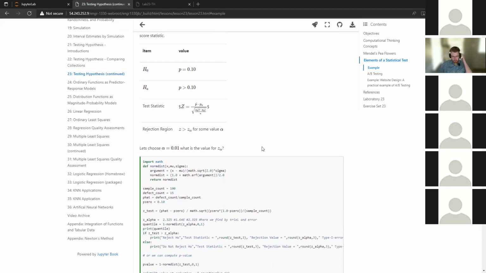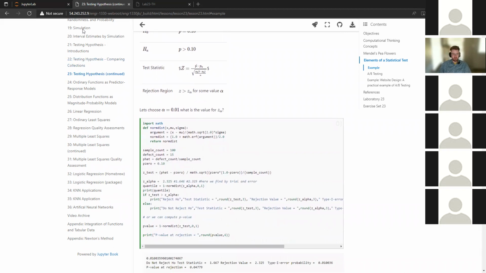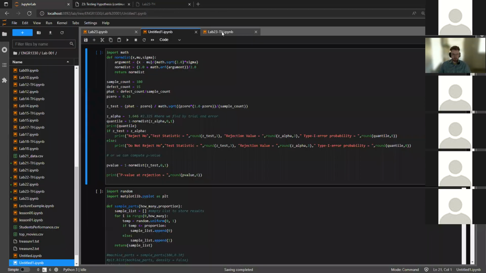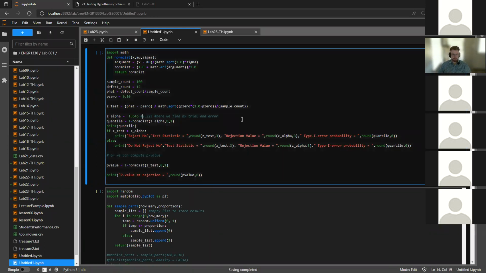Don't know. Well, thankfully, we don't have to do a whole bunch of math to figure it out. What we can do is let the computer do that math. So I've copied the code from here to here, and we're going to run it.